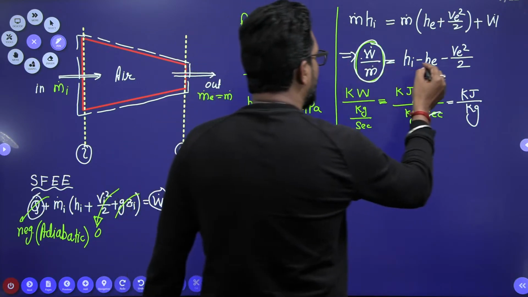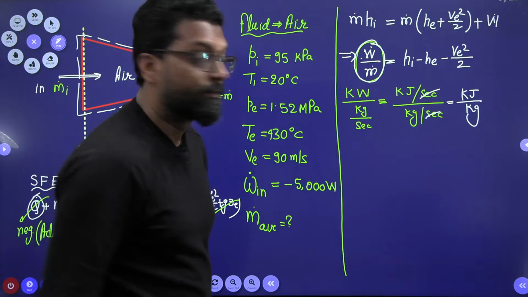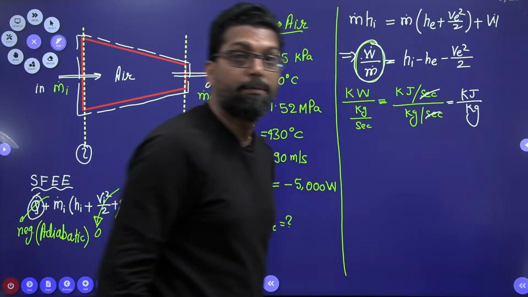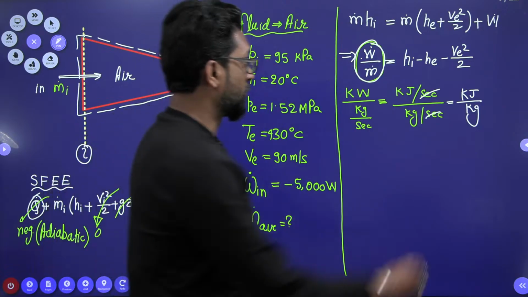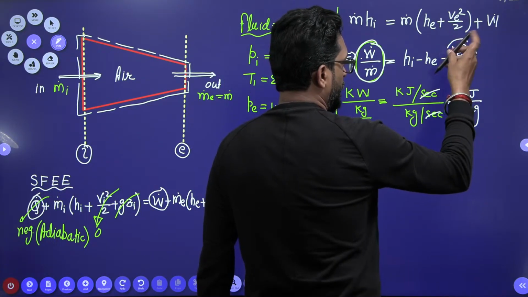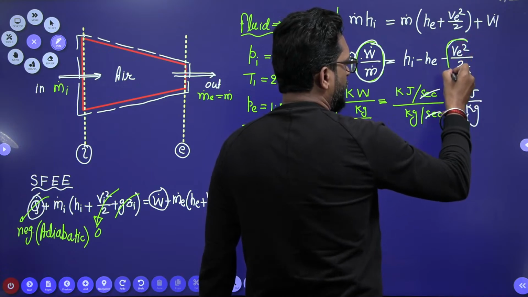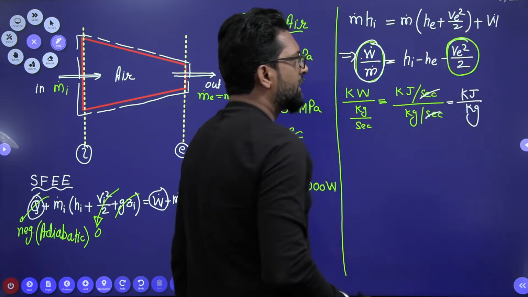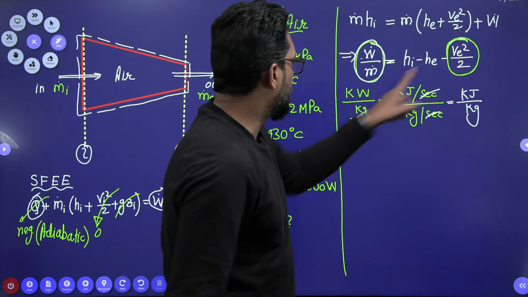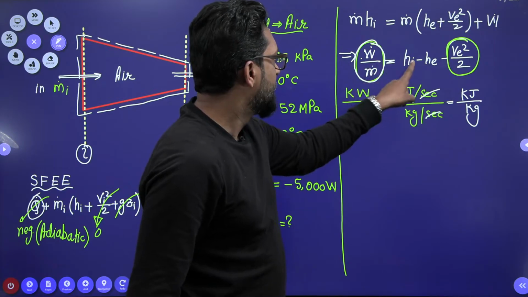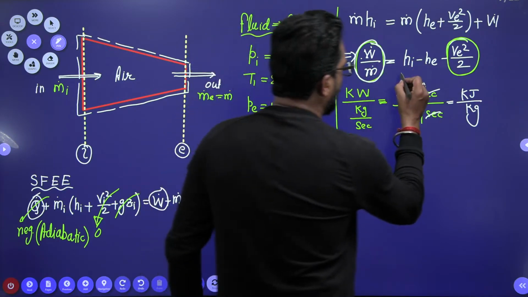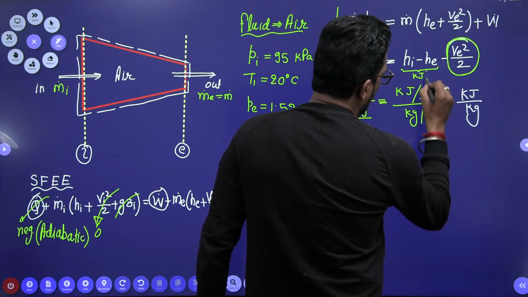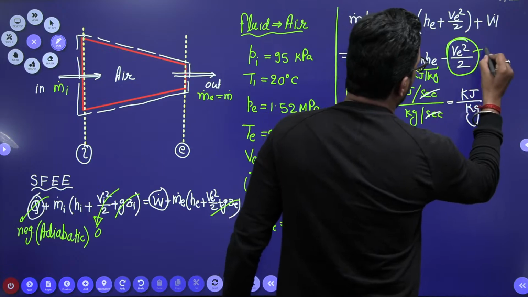Enthalpy is also in kilojoule per kg. But this is meter square per second square, that means this kinetic energy is in joule per kg, not kilojoule per kg.